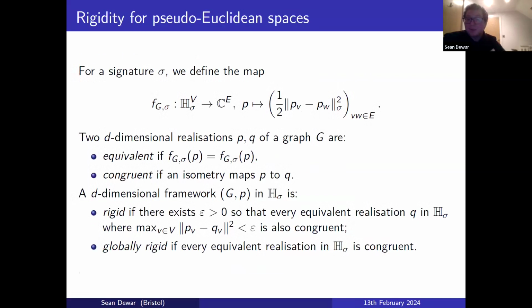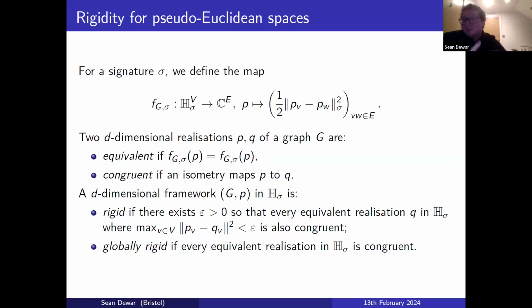With this, we can still define rigidity. I'm just going to skim through this, but we have a rigidity map. We just replace the domain with this pseudo-Euclidean domain, and we replace the distance with our new quadratic form. Equivalence is now defined using this new rigidity map. Congruence is still defined via isometries. The isometries are slightly different, but you can still prove that it's an affine map, effectively.